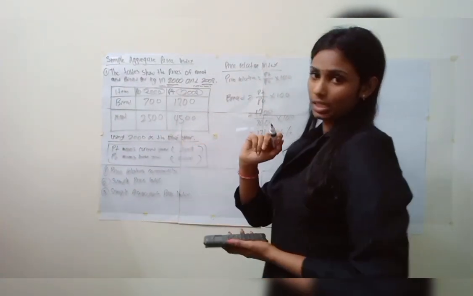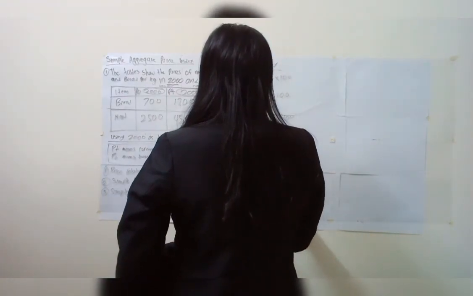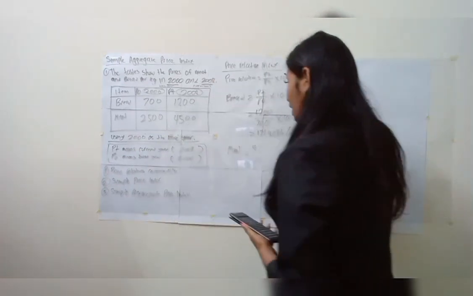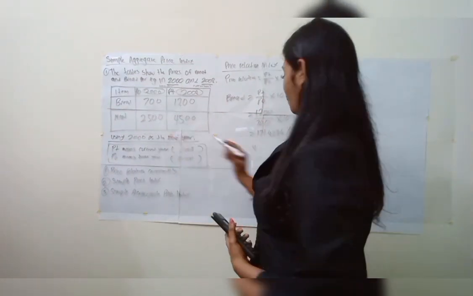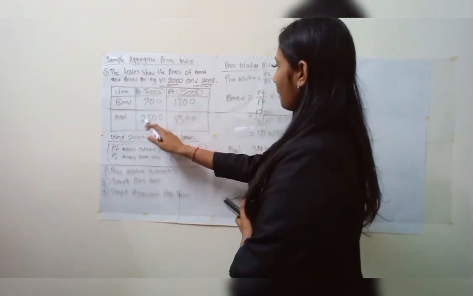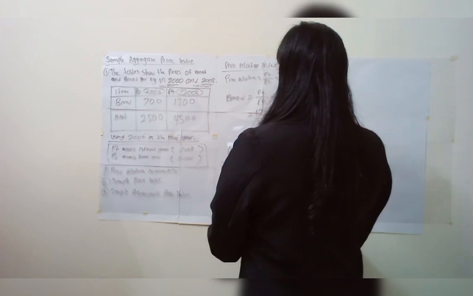For meat, PT is 4500 divided by PO, 2500, times 100. Let's calculate: 4500 divided by 2500 times 100.